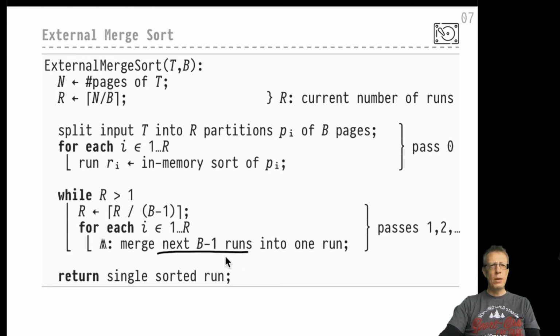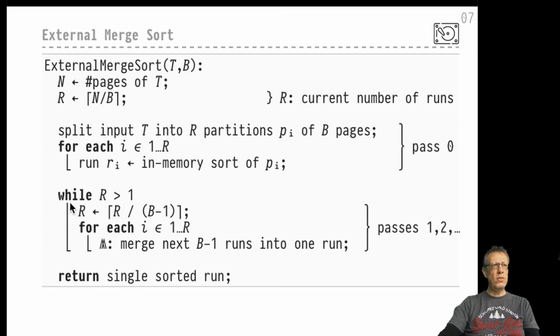Since we are performing a B minus 1 way merge here, in this pass that we are executing, the number of runs will be reduced by a factor of B minus 1. So in a two-way merge sort, the number of runs halves in each pass. In a B minus 1 way merge sort, the number of runs is divided by B minus 1 in each such pass.